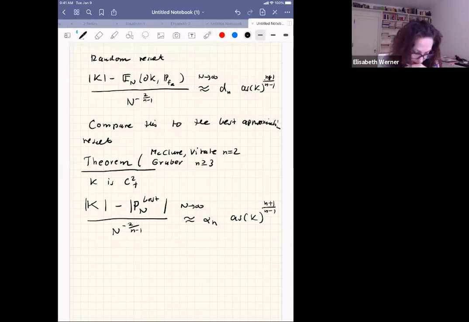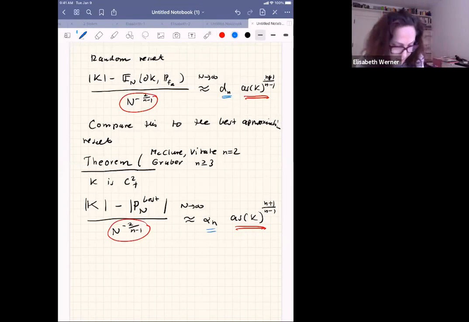If we compare these two results, we see the dependence on the body in this random approximation is the same as the dependence on the body in the best approximation. We see the dependence on the number of vertices of the polytope is the same in the random approximation as in the best approximation. So the only potential difference is again in the dimension dependent constants that I had called dn here and alpha n here.